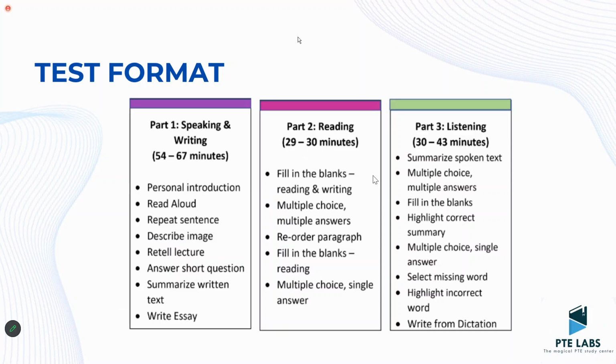But in reading, that's not the case. You don't get separate timers per question or per component. You get a single timer for the whole part. You get a 30-minute timer going in descending order, and within that 30 minutes, you'll have to complete all these 5 components. That's the rule.